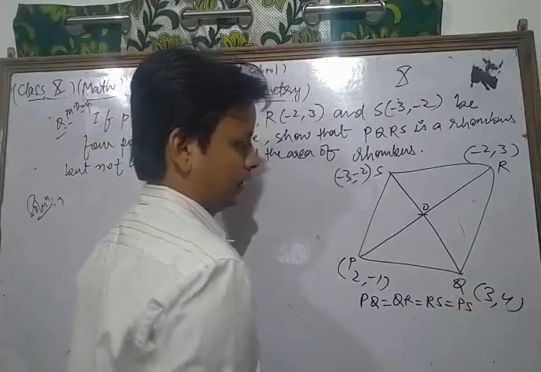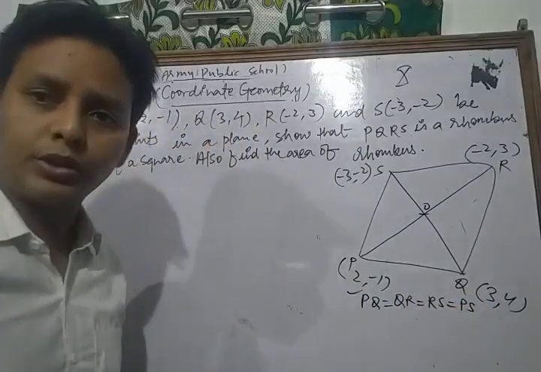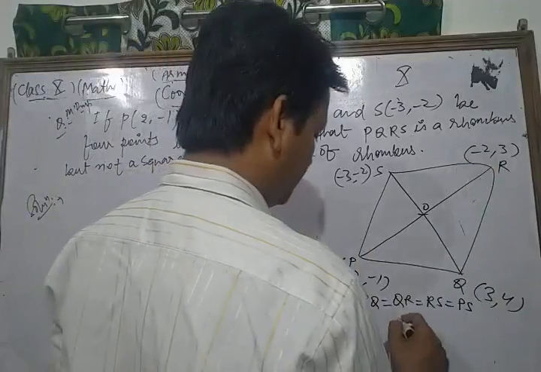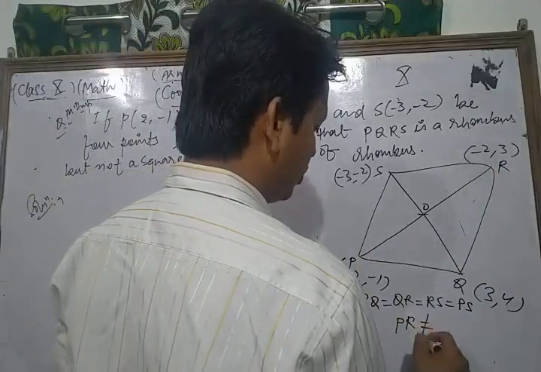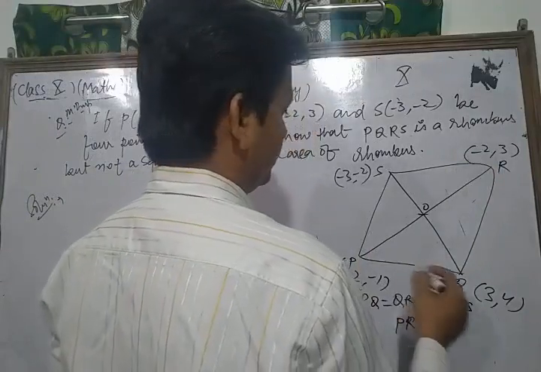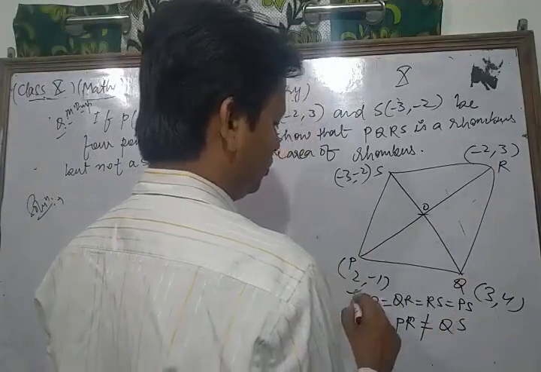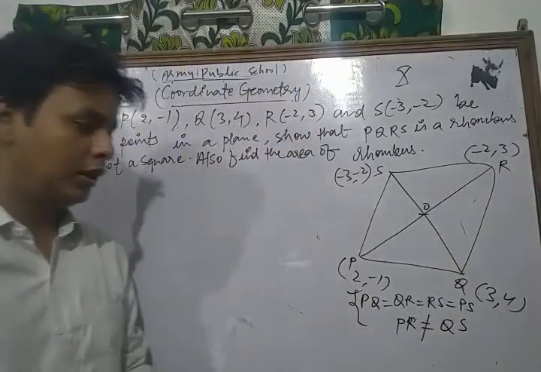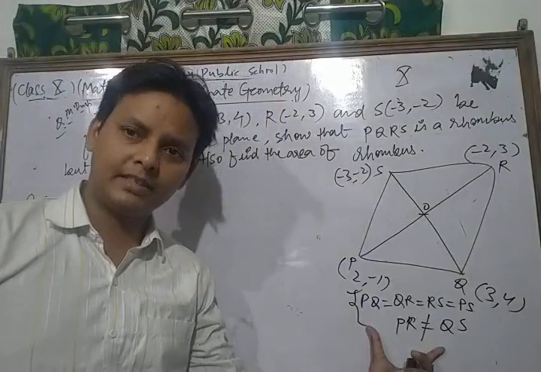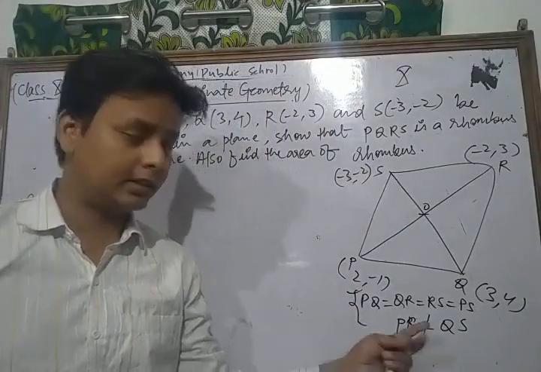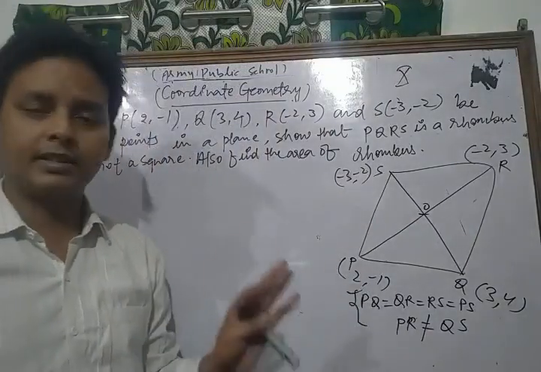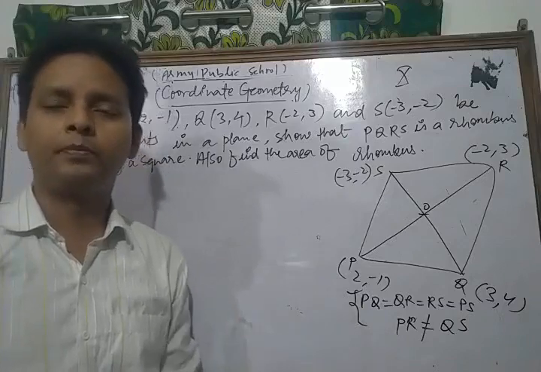All of its sides are equal to each other, but its diagonal PR is not equal to QS. If we show this criteria, then we can say that PQRS is the vertices of a rhombus.